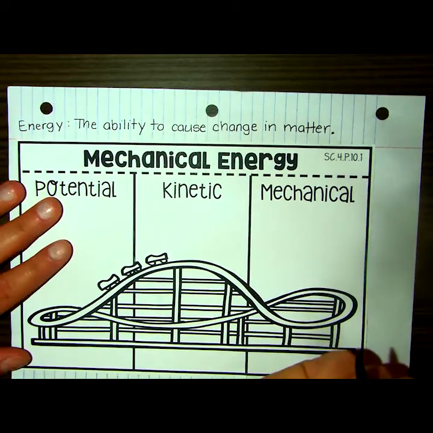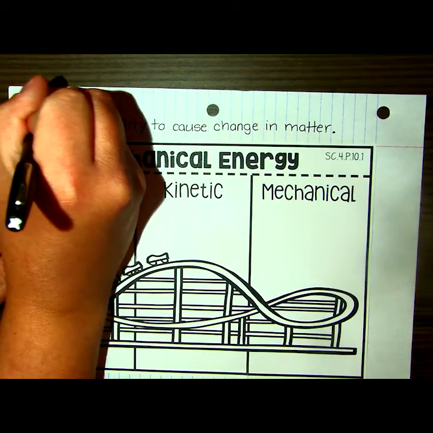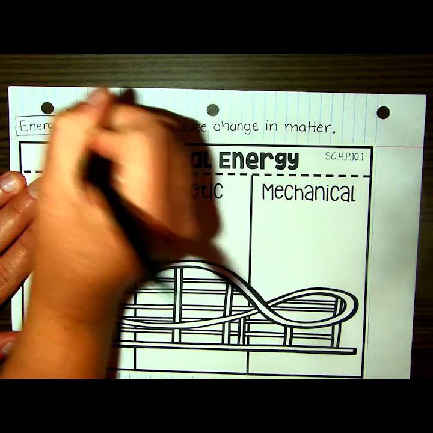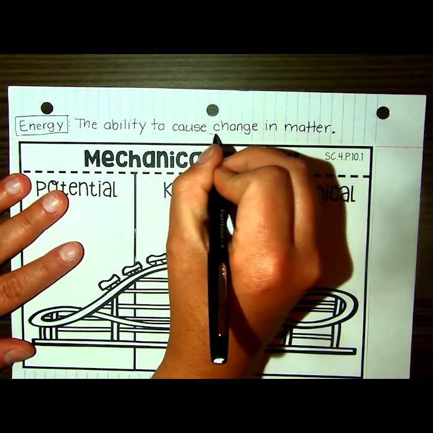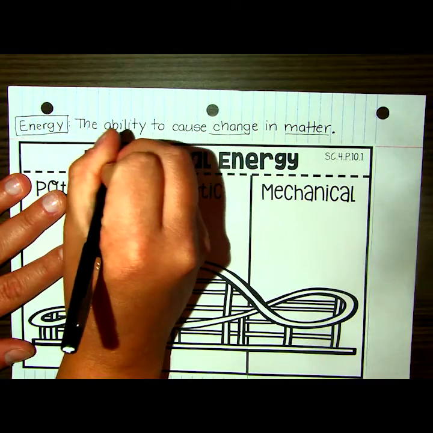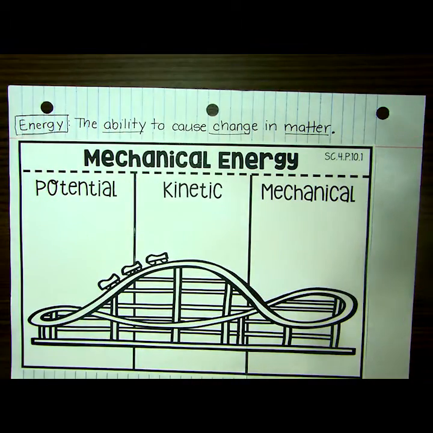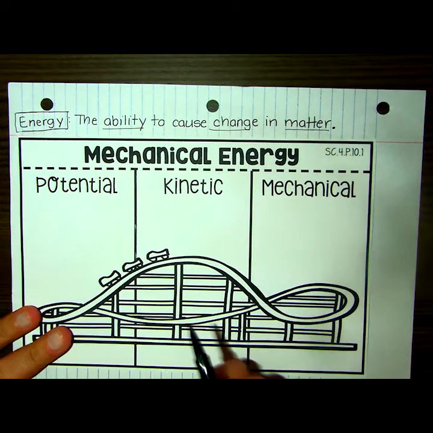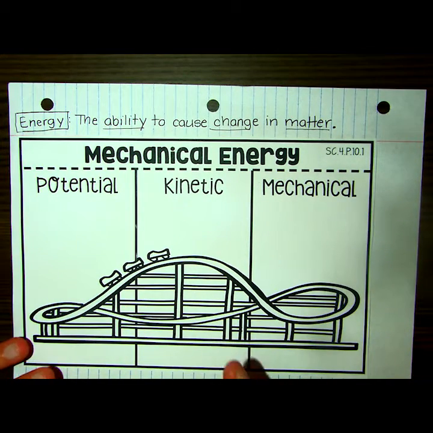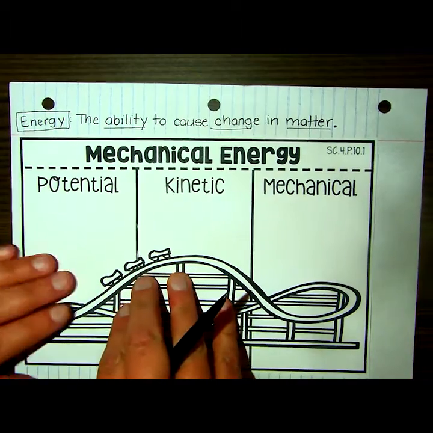So throughout this entire unit, we're going to be talking about this word and different basic forms of energy. But really, we want to know that it's change in matter, and it's that ability to cause the change to occur. So the first thing we want to talk about is potential energy. So they've given us this example of a roller coaster. We saw the roller coaster even used in the textbook, and we're going to refer to this roller coaster as we're taking notes.